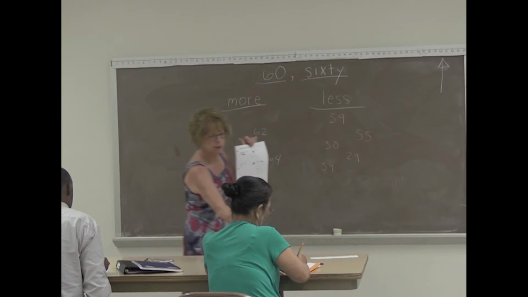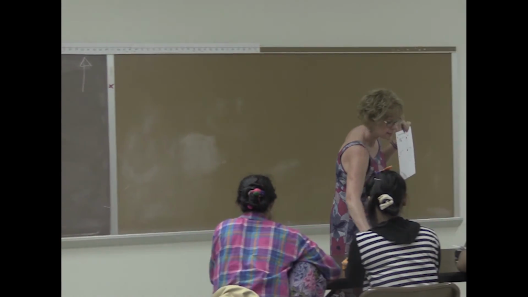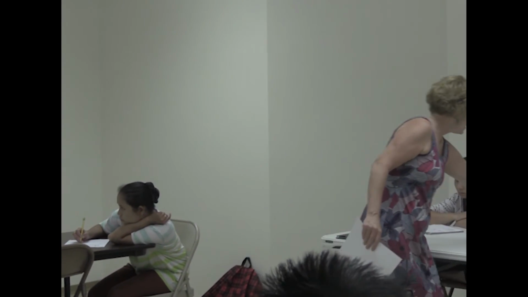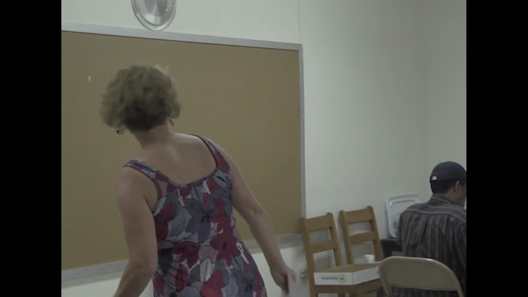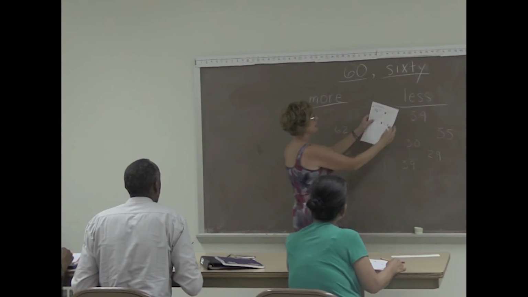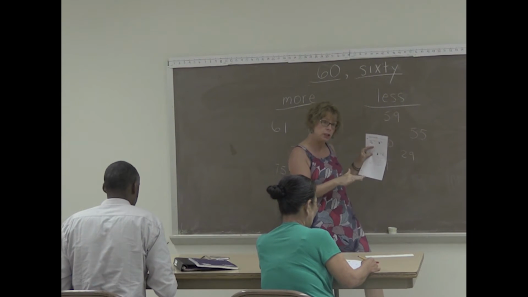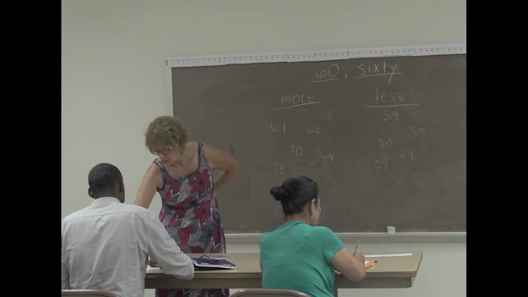One number on the line that says more than 60. And on the line that is less than 60, think of one number that is smaller, less than 60.